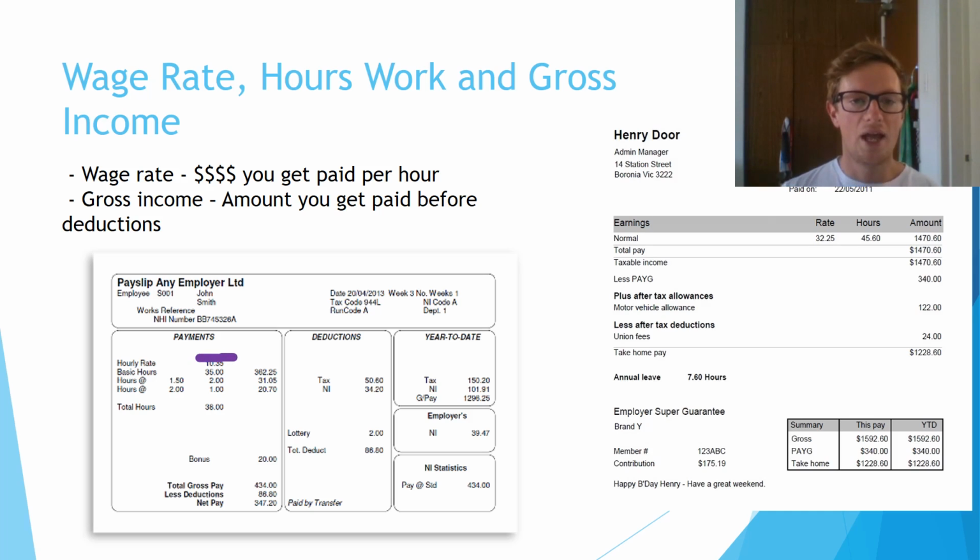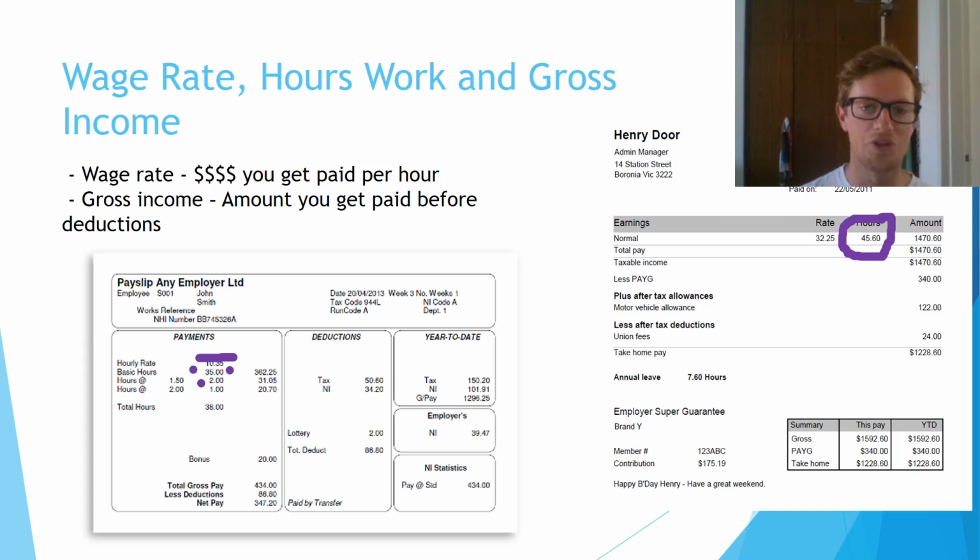Okay. The next part we've got is the hours worked. So this is how many hours you have worked. Here we see Henry Dorr has worked 45.6 hours. And over here we've got the hours at 35, just here. However many hours you work times by your wage rate will give you what we call your gross income.